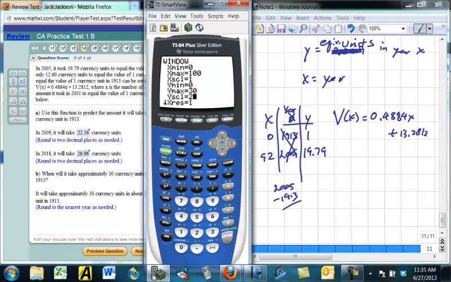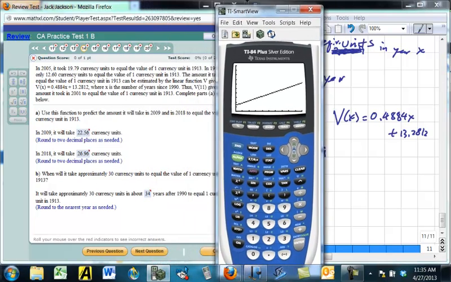Mark it off every 2. Okay, we've got a lot of dead space here. We can either come in on the X's or go up on the Y's. Let me go up on the Y's. Let's go up to 100 there. And if we're going to go 0 to 100, we probably should mark it off in tens for the X and the Y. This may give us a decent looking graph. Yeah, that's decent. So there's a graph of it.